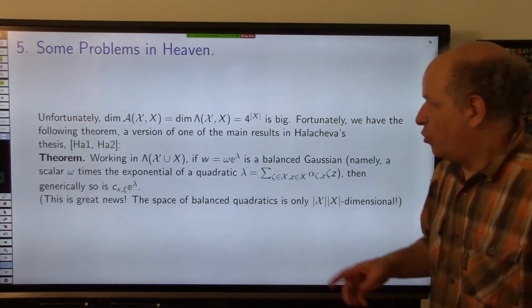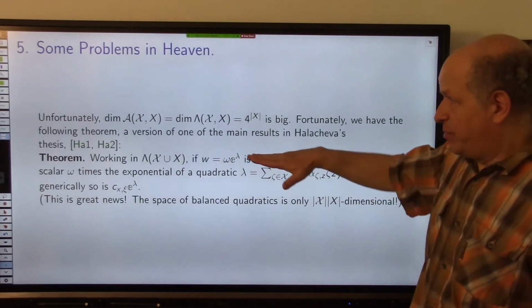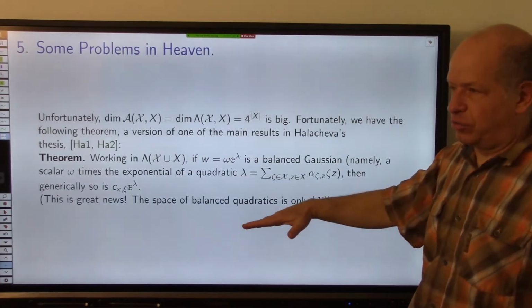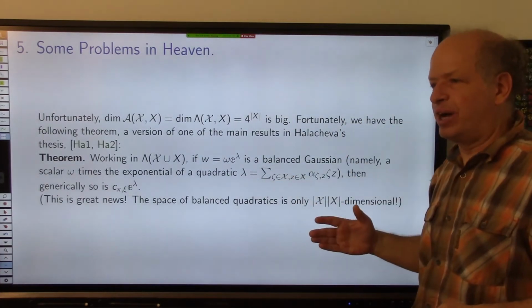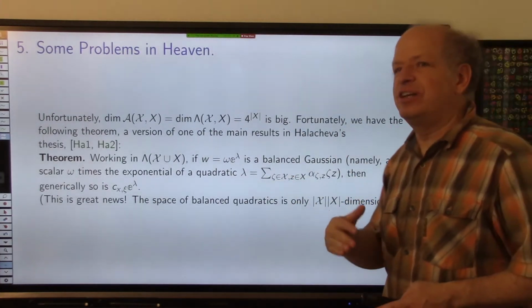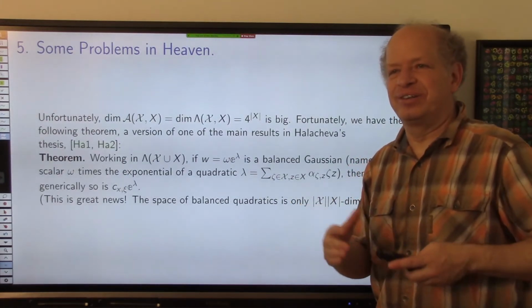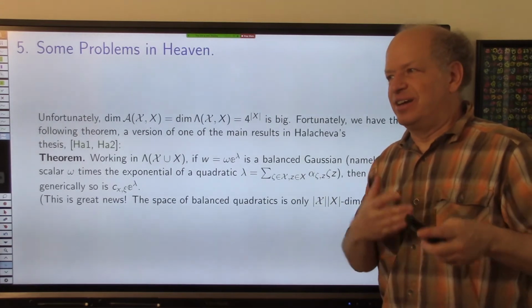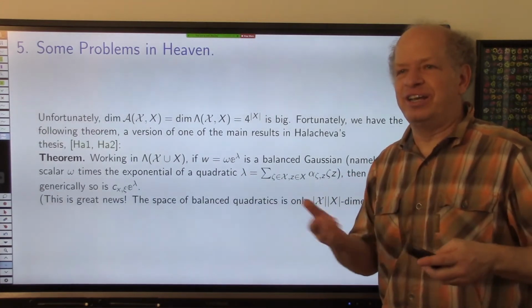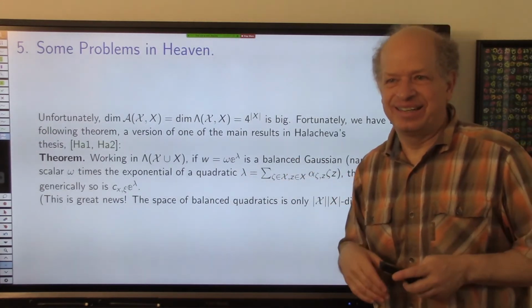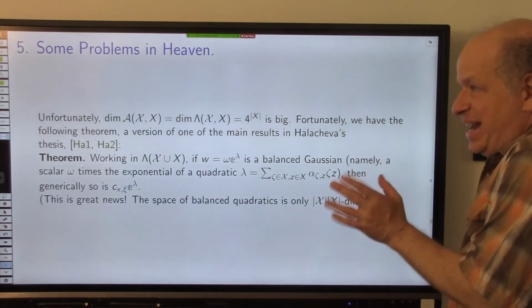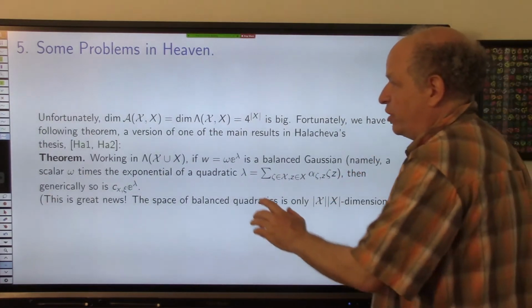Okay? So, the theorem actually has nothing to do with knot theory. It's a theorem in algebra, and physicists will tell you that it's a theorem in quantum field theory. It's a theorem about Gaussian fermionic integrals. Okay? But in our language, what it is the following.